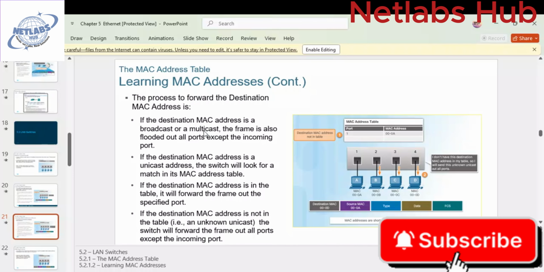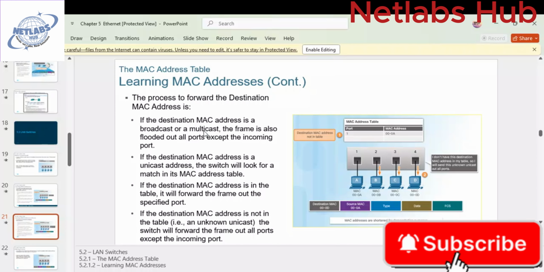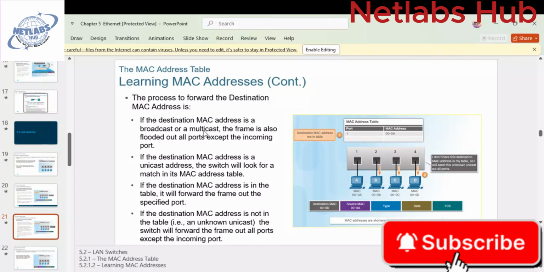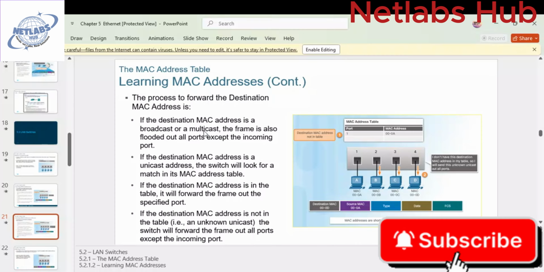If the destination MAC is a unicast, that is where the switch will look for a match, then deliver the frame. If the destination MAC address is in the table, it will forward the frame out of the specified port. If it's not in the table, or is non-unicast, it is treated as a multicast or a broadcast, where it is forwarded to all ports except the incoming port.